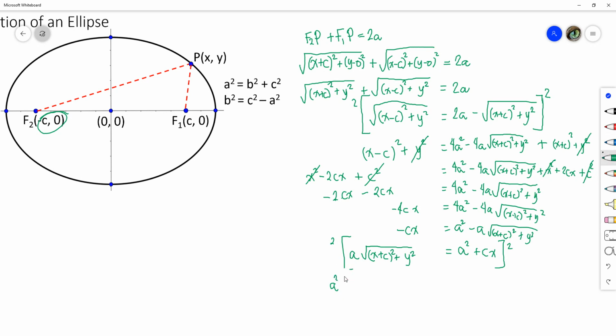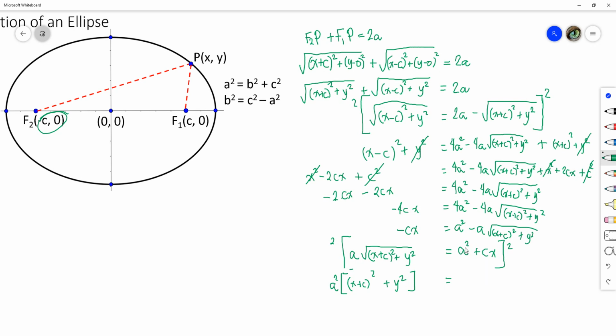We have the squared quantity of x plus c plus y squared equals, here we're going to square this one.